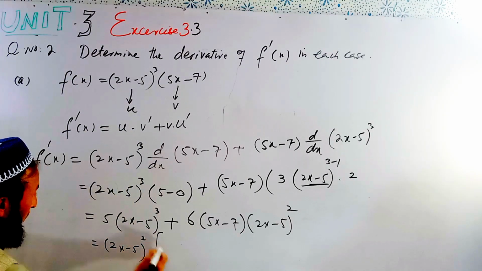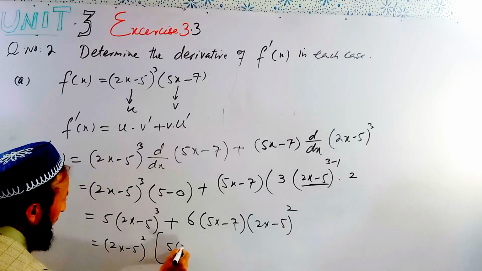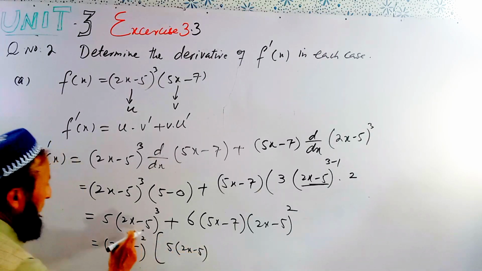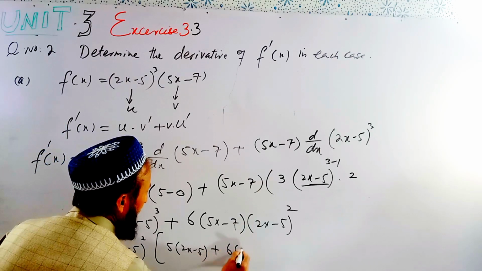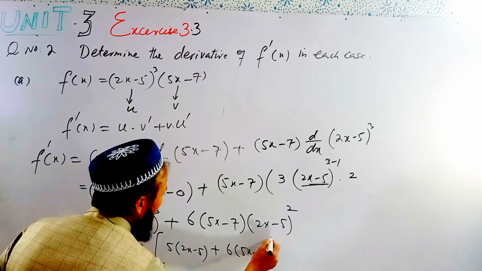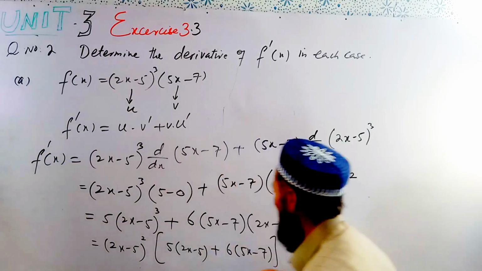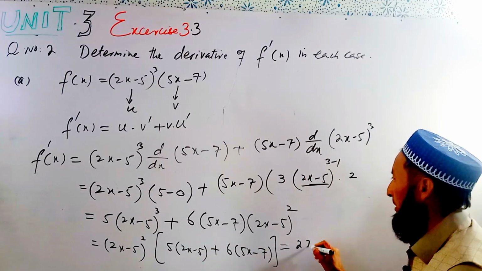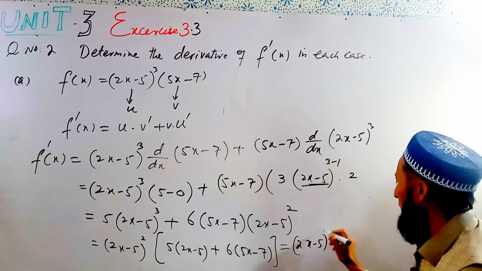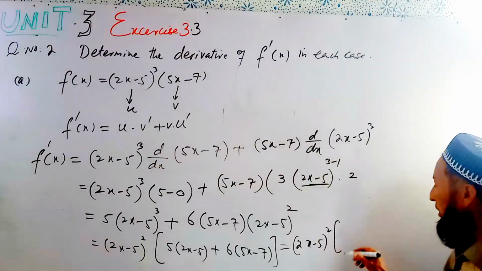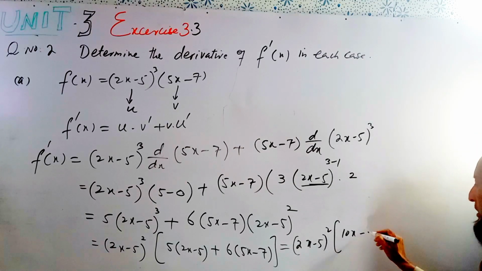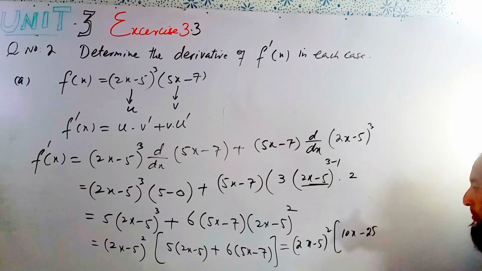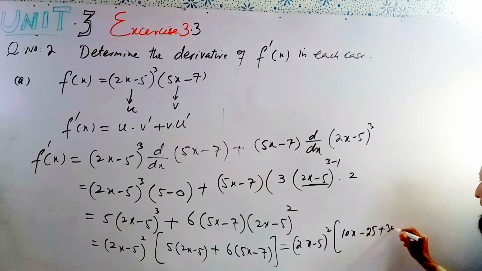We get 5 into (2x minus 5), which remains because of the cube, plus 6 into (5x minus 7), equal to (2x minus 5) whole square times: 5 multiplied by this term gives 10x minus 25, plus 30x minus 42.